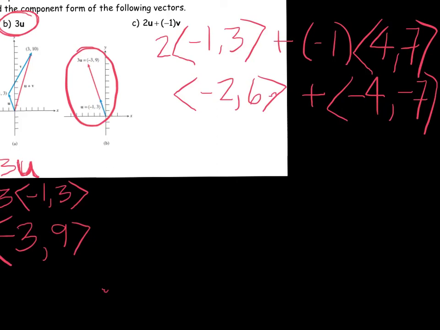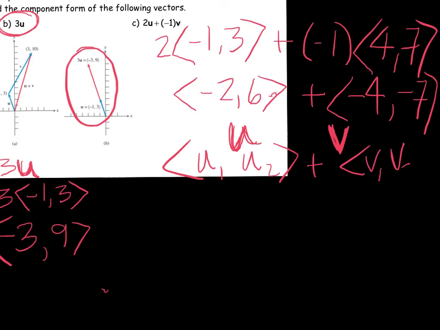Okay, so now I'm going to add these 2 together. To add them together, this is my u, and this is v. A lot of times they bold them, because that's how they represent them. This is u1, u2, because that's what -2, 6 is, plus v1, v2.